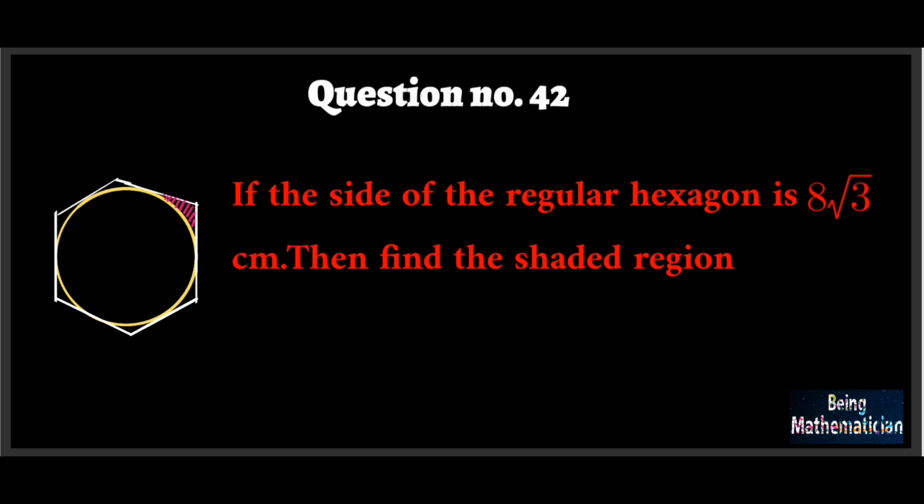Question number 42. Now let O be the center of the circle. Now join O with the vertex A and O with the vertex B. We know that in a regular hexagon, the circumcenter and incenter coincide each other.